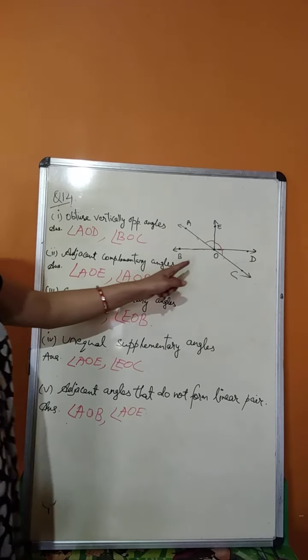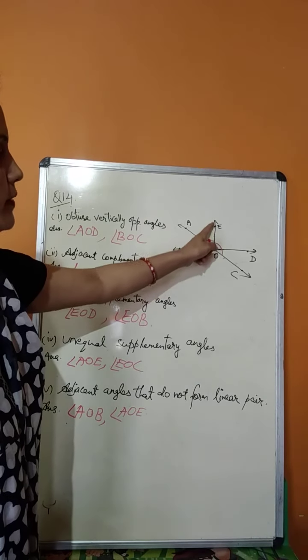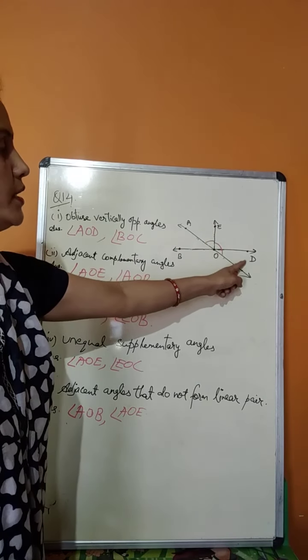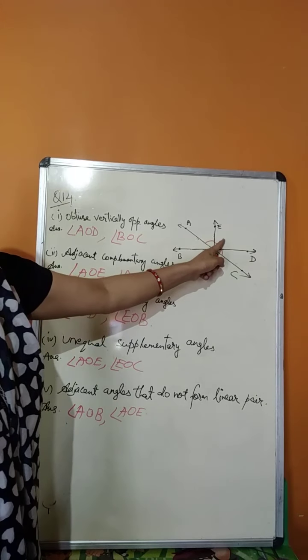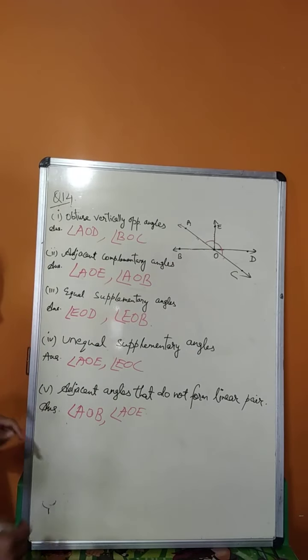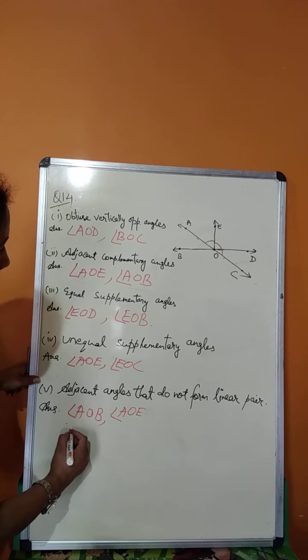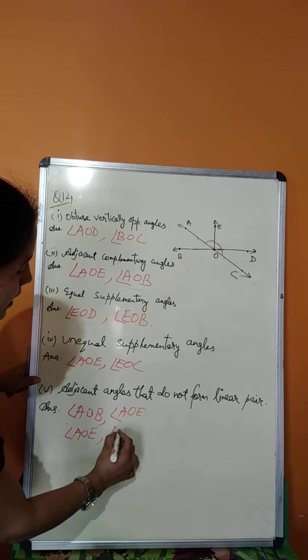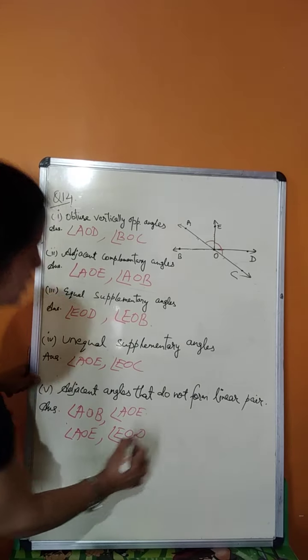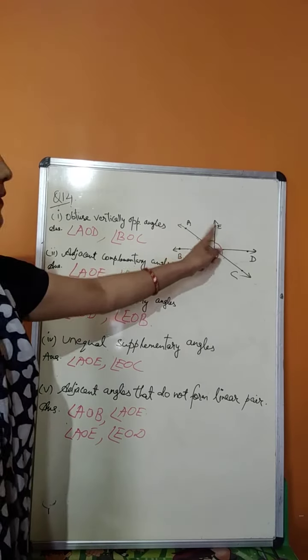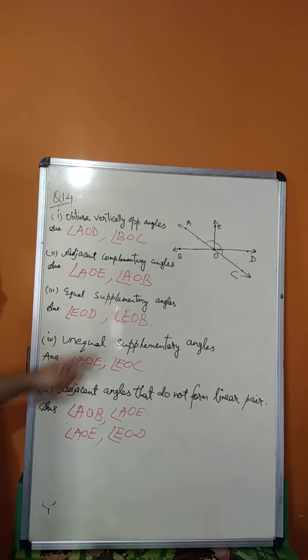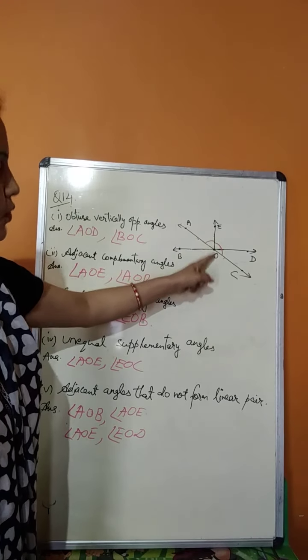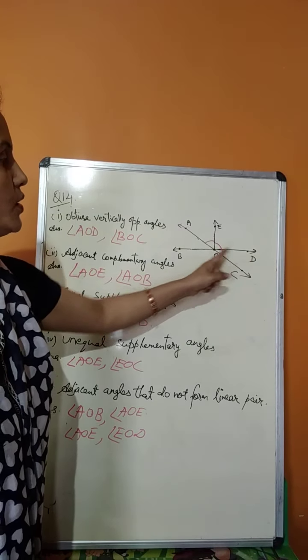The other is AOE and EOD. They are also adjacent but do not form a linear pair. So the other is angle AOE, angle EOD. One more is there, EOD and DOC.